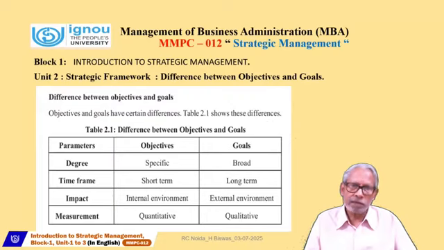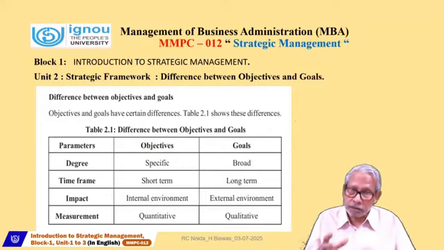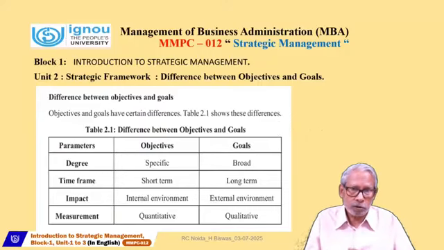Time frame: in the case of objectives, it is short term, because you have to fulfill the objectives in maybe 6 months, maybe 1 year. That is your short-term work which you have to complete. But a goal is long term. Basically, we are talking about strategies, so you have to focus on the goal.